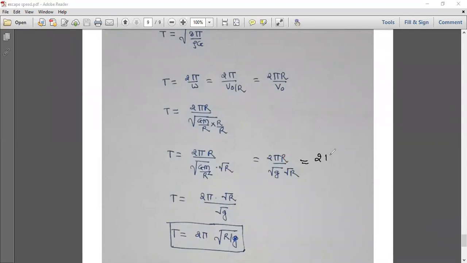So this is 2 pi root r into root R divided by root g into root R. This root R and this root R will get cancelled, and therefore 2 pi under root R by g. This is what? Time period of satellite. Clear? Okay.